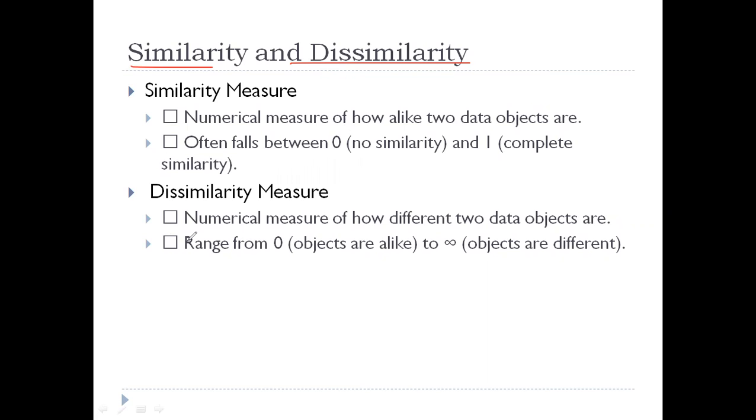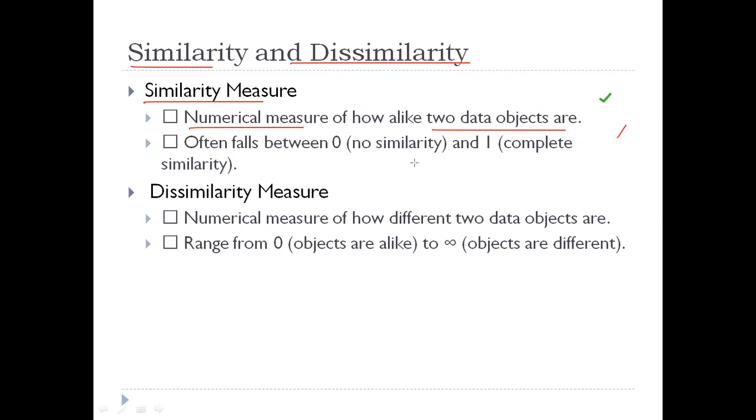Okay, first of all, we will look at the similarity measure. A similarity measure is a numerical measure of how alike two objects are. If we observe two objects, assume this is one object and this is another object, are these two the same or not?